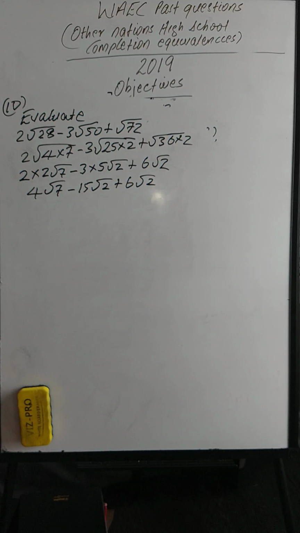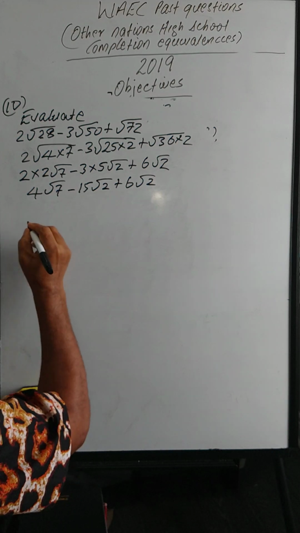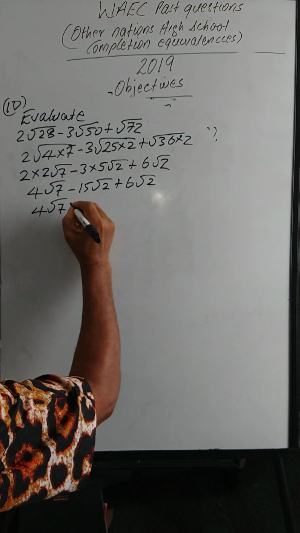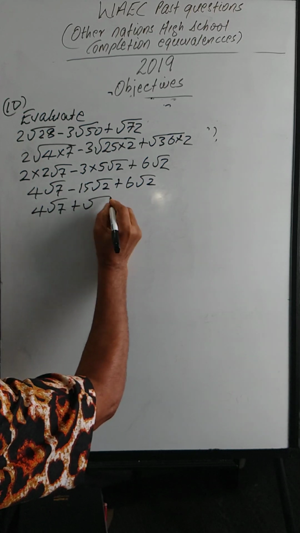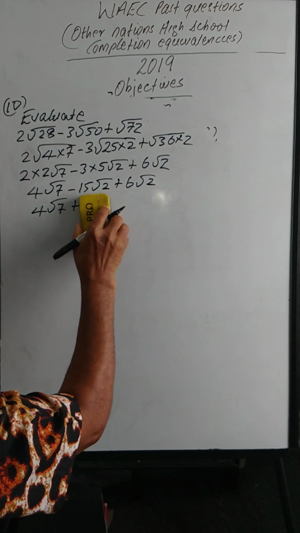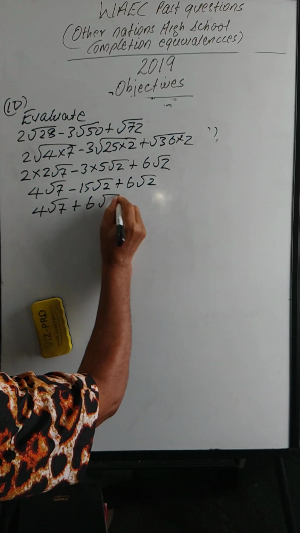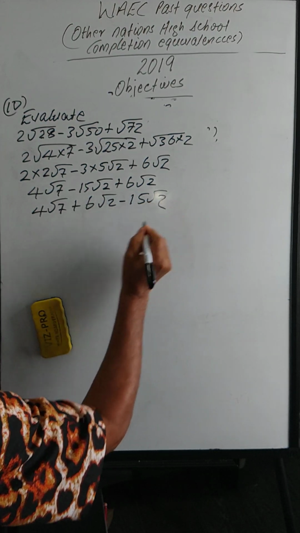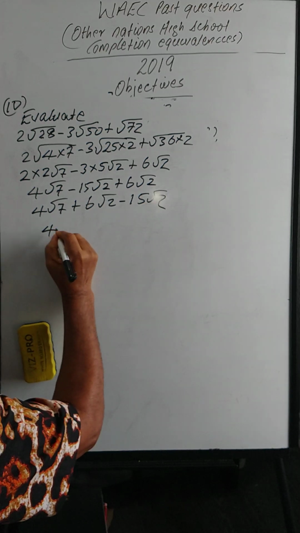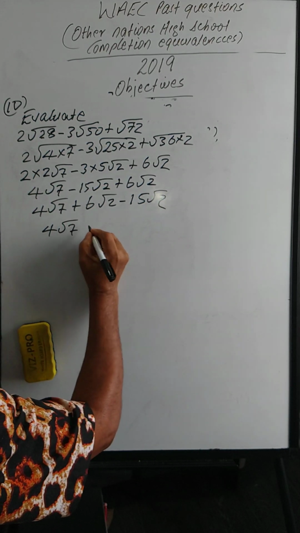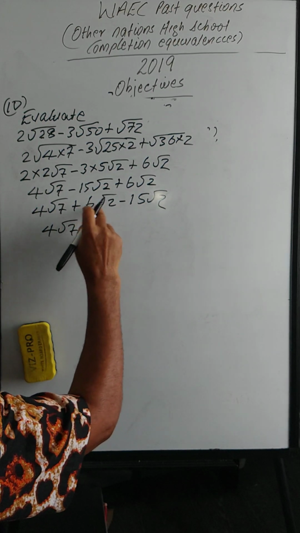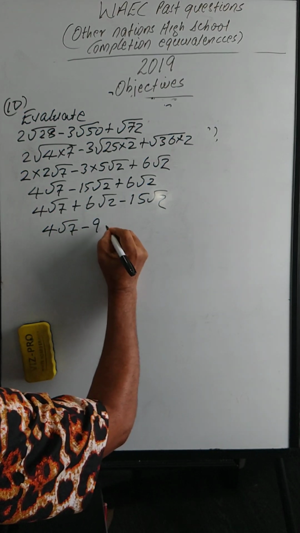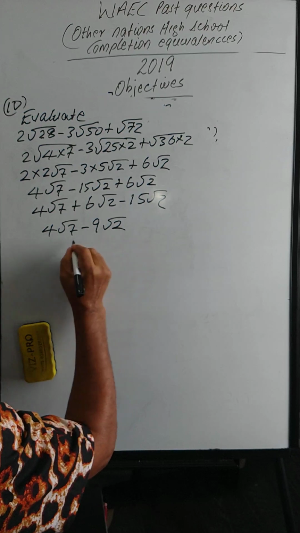So that will give us 4 root 7, collecting the positive, 6 root 2 minus 15 root 2. So that will give us 4 root 7, minus 6 minus 15 will give us minus 9 root 2.